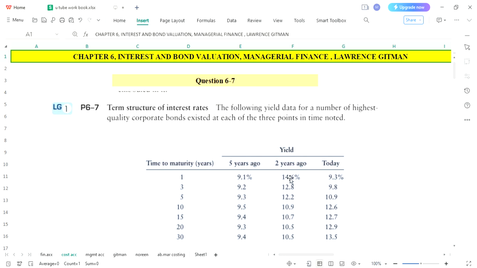If you invested your amount 2 years ago, and the years to maturity was 1 year, and 5 years ago, you were getting only 9.1%. 2 years ago, you were getting 14.6%. Today, you are getting 9.3%. So it means different rates are available for different times to maturity and different options of particular years as well.